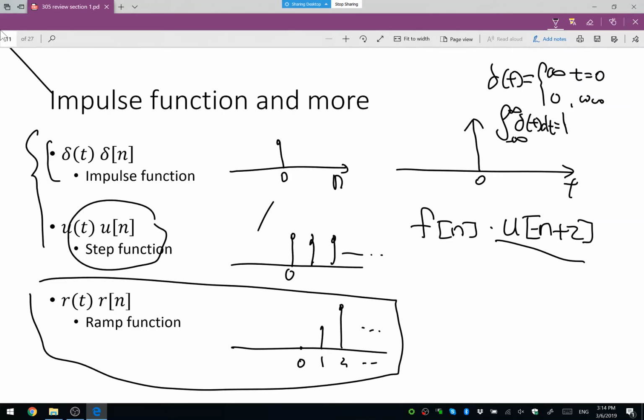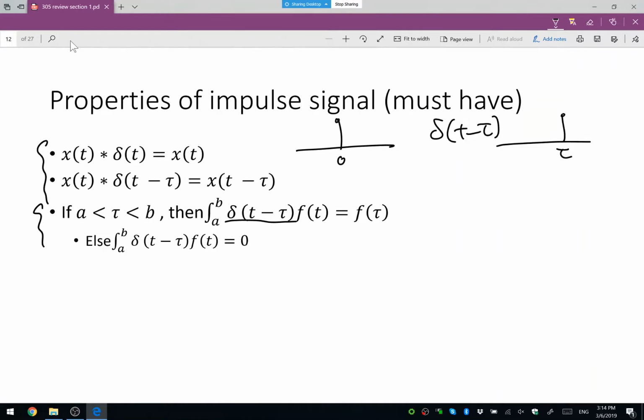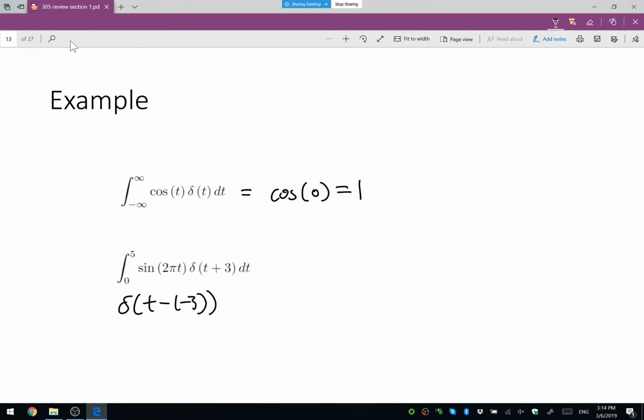This is how it is defined, because of the second property of the delta function. Then when you do the integral here, it is not going to give you a very small value.